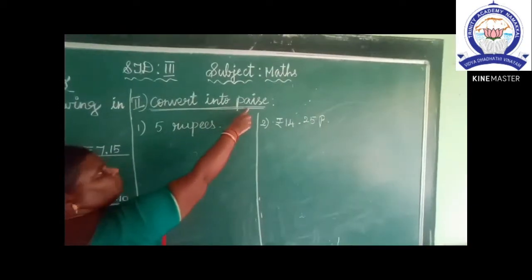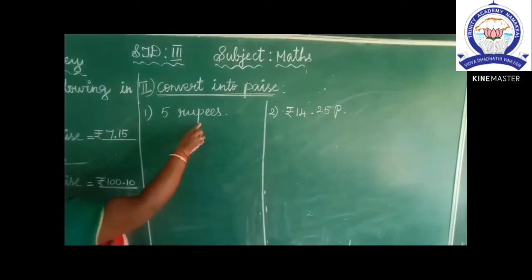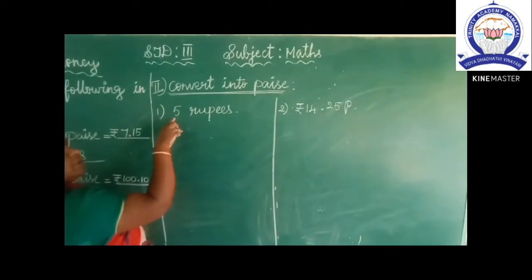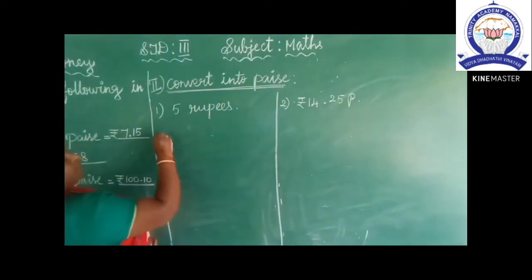Convert into paise. First sum 5 rupees. They are given rupees. Now we convert into paise.